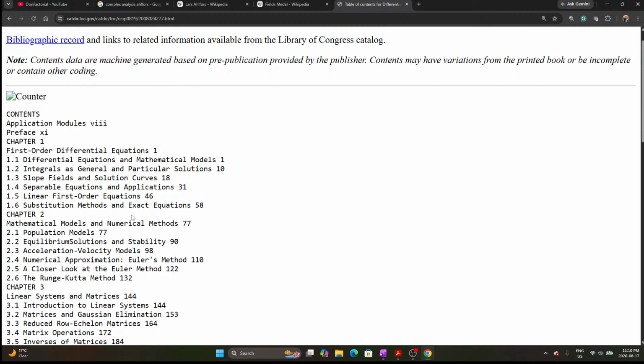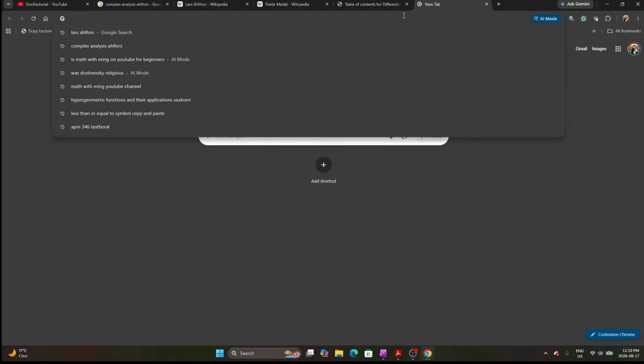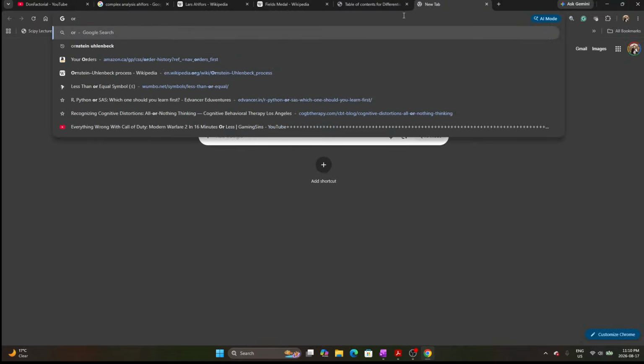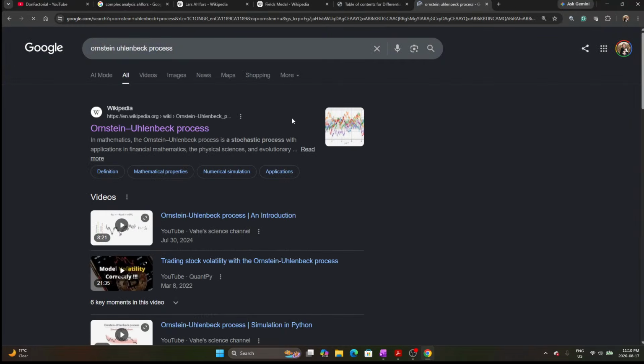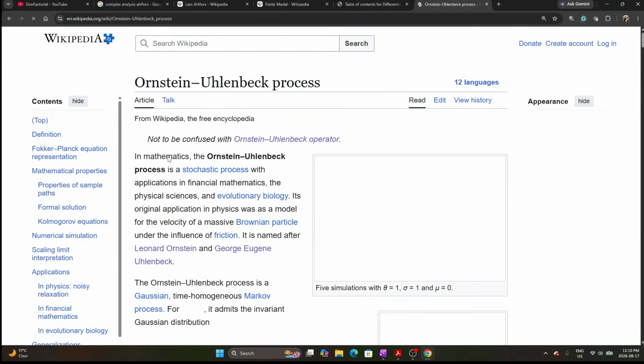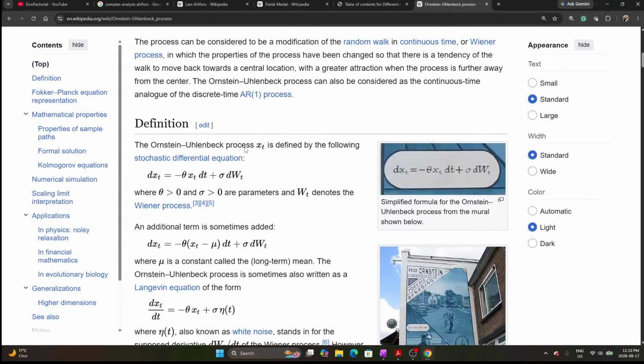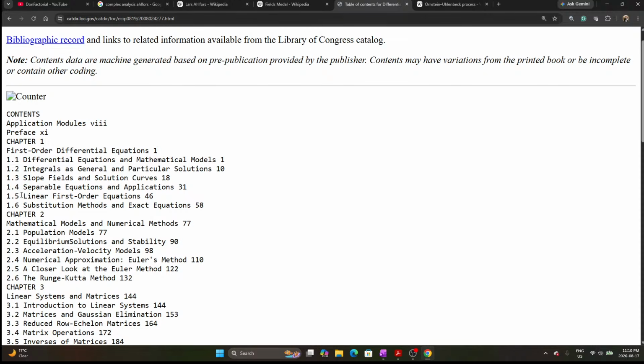I use it a lot. For example, in what we call stochastic calculus, stochastic differential equations, the Ornstein-Uhlenbeck process. This is the stochastic version of the linear first order differential equation.